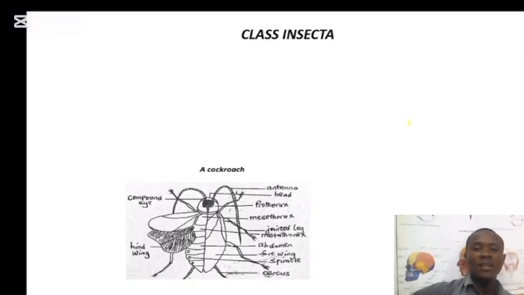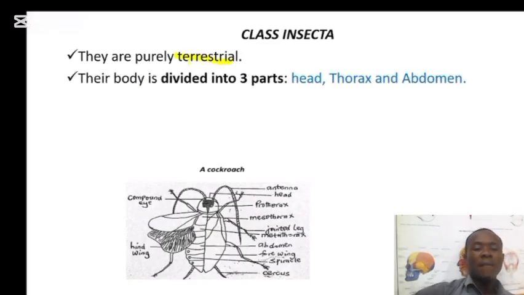Next is the class Insecta, which is the largest class by number of organisms. They are purely terrestrial, that means they live on land. Their body is divided into 3 segments.